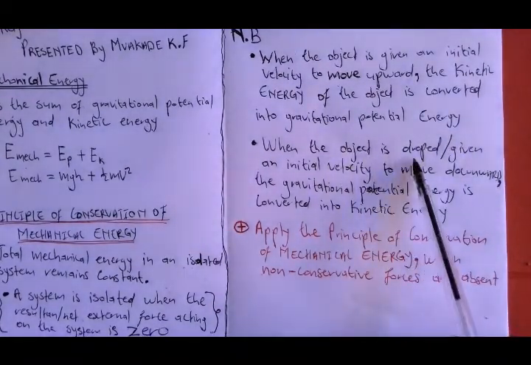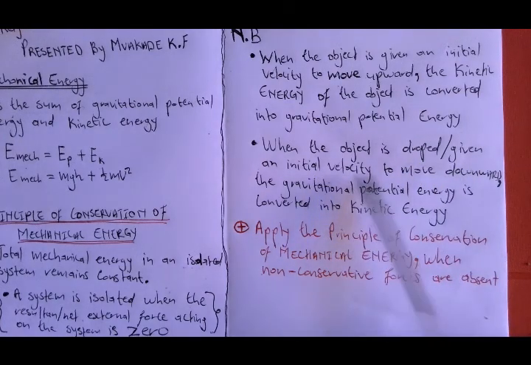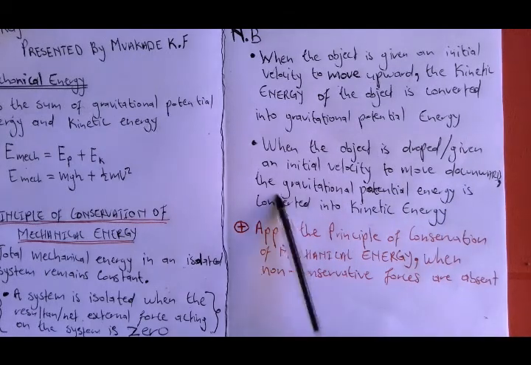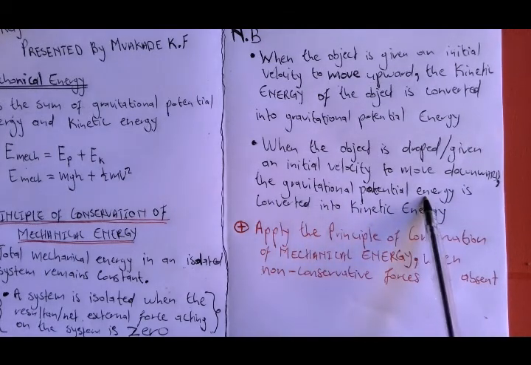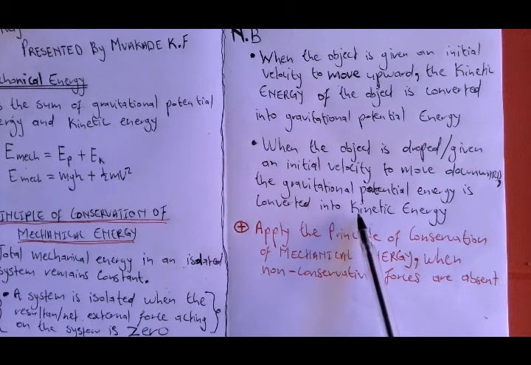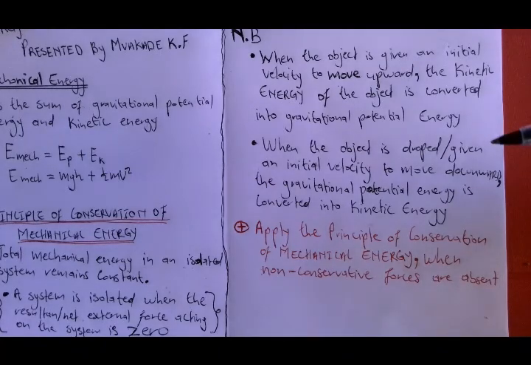When the object is dropped or given an initial velocity to move downward, the gravitational potential energy is converted into kinetic energy. This also applies here. When the object is dropped, you know that the initial velocity is zero, but as it moves down, its velocity increases, and its gravitational potential energy decreases.